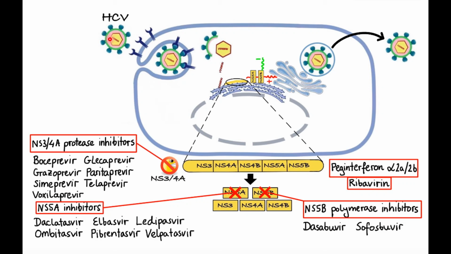So the viral single-stranded RNA engulfs into the cell, and then the RNA goes to the Golgi apparatus and starts to interact with one of the proteins on its surface, like NS5A and NS5B.